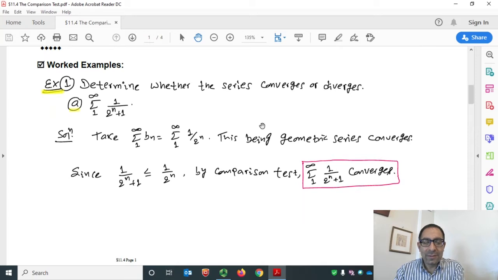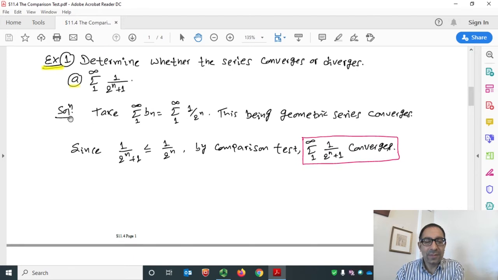Example 1. Determine whether the series converges or diverges. So first part, the given series is 1 over 2 to the power n plus 1. So let's begin the solution. Let's take another series Bn equals the series 1 over 2 to the n.